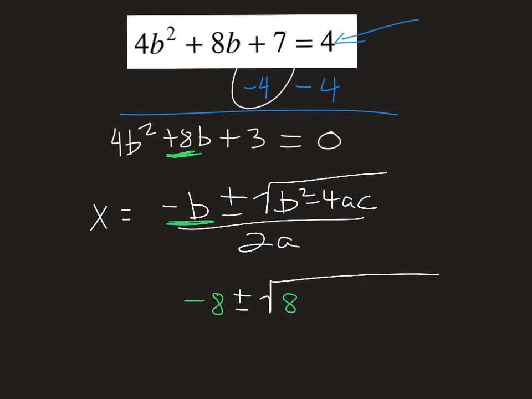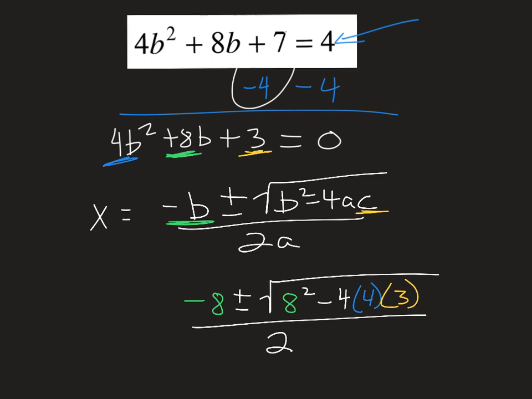Again, b is 8, so that's going to be 8 to the second power, minus 4 times a, which is 4, and c is 3. And that's all going to be over 2 times a, which is 2 times 4.